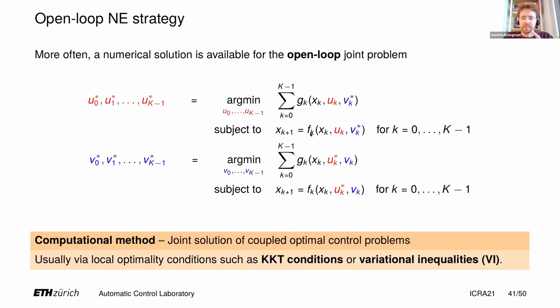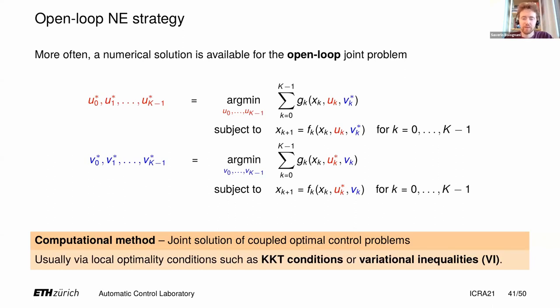So the updates give the same link as before, where the next xk plus 1 depends on xk, uk, and vk star. For the second player, you would have to compute the entire trajectory from now to the final stage that minimizes the cost over the entire multi-stage game, given that player one is playing uk star, subject to the same equation as before.